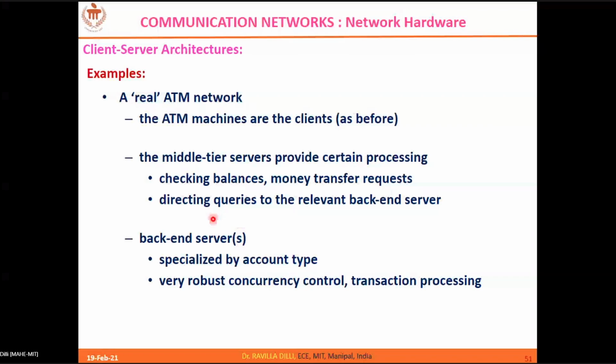Okay, so if you want a bank statement from 4 years back, some transaction details that you performed 4 years back, it won't be available with the middle tier servers. Instead, you should make a request to the backend servers. So the client data is maintained at different levels in the bank ATMs.